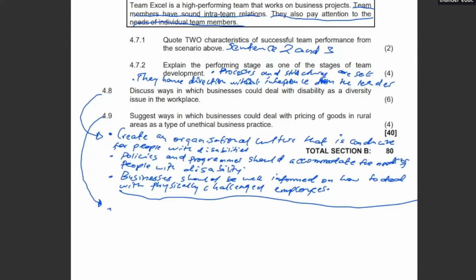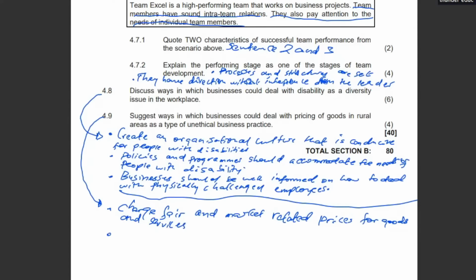So we are saying that charge fair and market-related prices for goods and services.